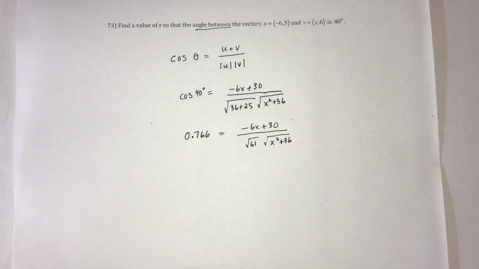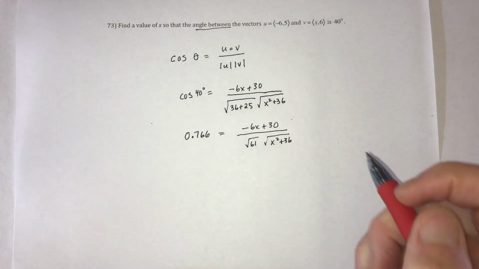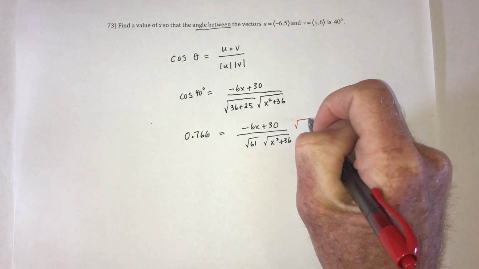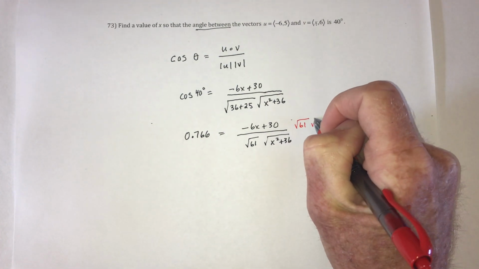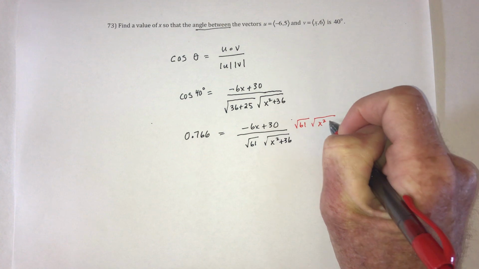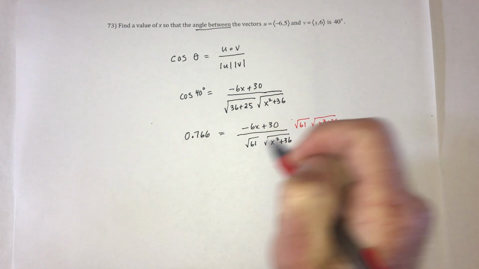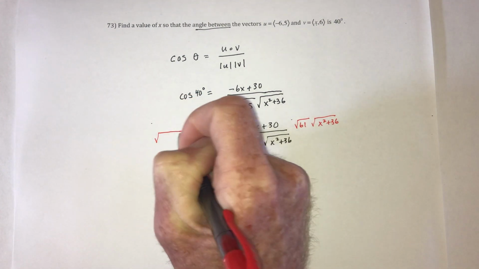Okay, now I don't want to work with fractions anymore, so I'm going to multiply both sides by this denominator, square root of 61 and square root of x squared plus 36. Do that on both sides.